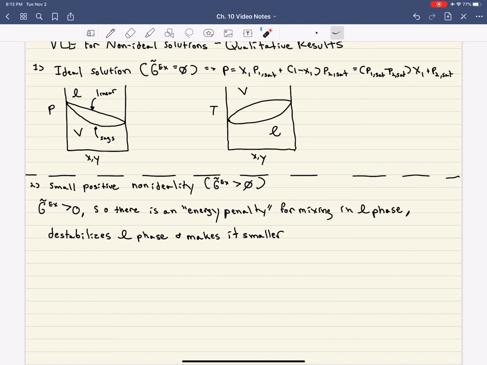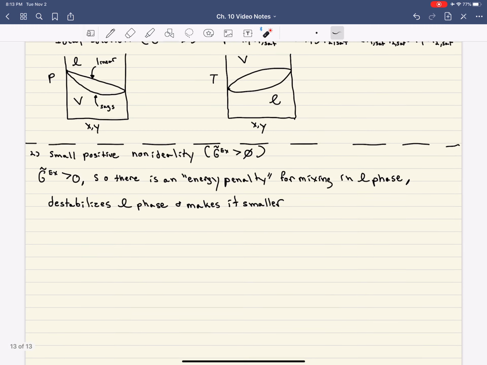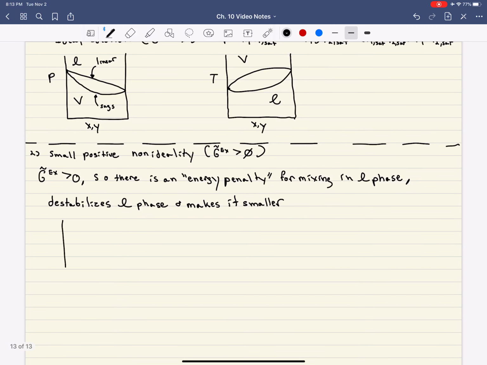Okay? So if we compare it to the ideal solution, if we sketched out the PXY diagram for the case where we have a small positive non-ideality, what we would see is that instead of having a linear line here for the liquid line, it would actually cave up a little bit.